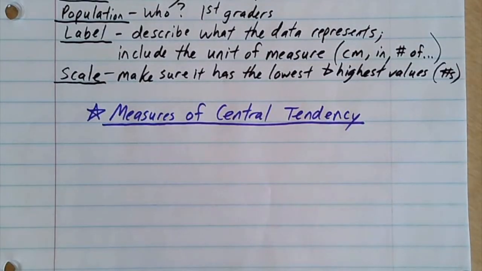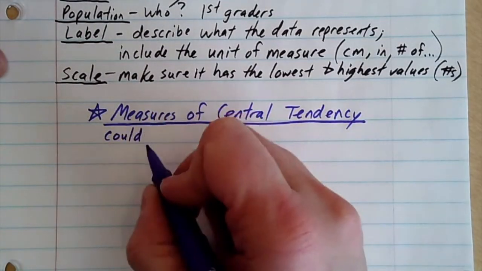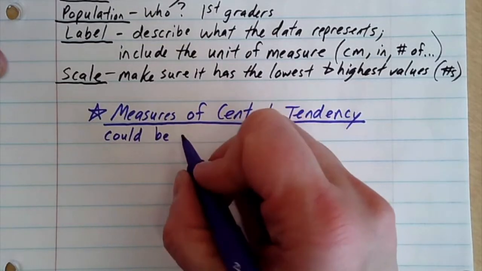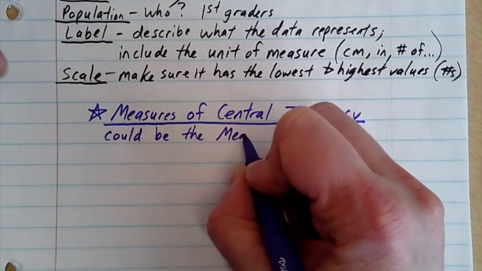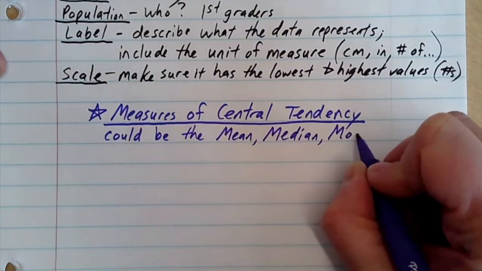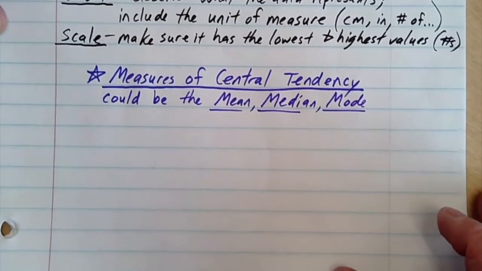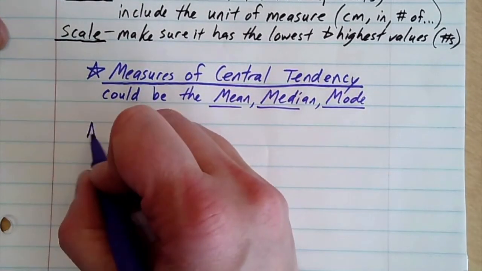Central is like the middle of our data. So you can measure central tendency. It could be measured by the 3 M's. Could be the mean, the median, or the mode. So your 3 M's are your central tendency. Not all of them are the best measure of center. So we're also going to talk about that.